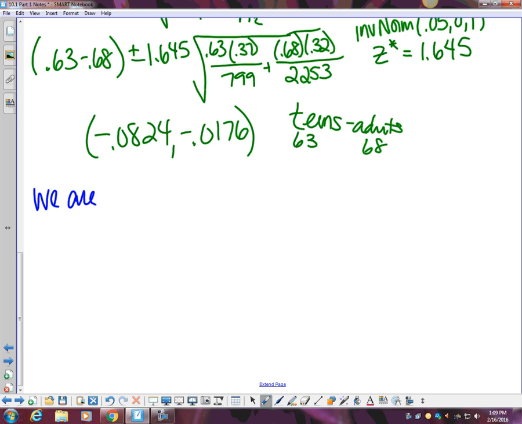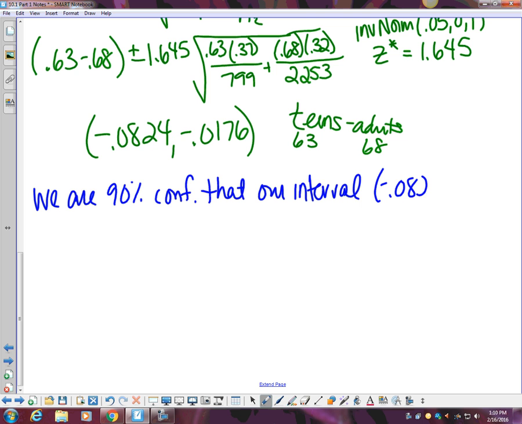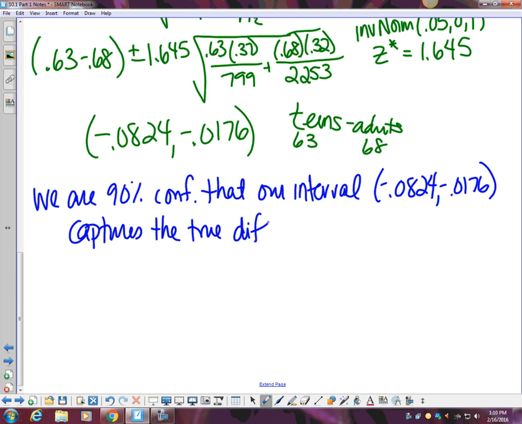We are 90% confident that our interval captures the true difference, and that difference is teens minus adults.